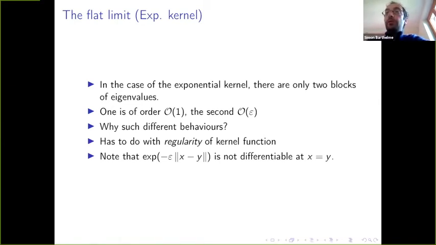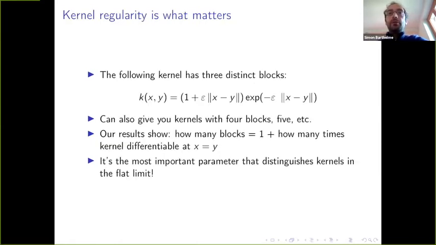And the behavior of the eigenvalues, okay, I'm going to skip this in the interest of time. But if you increase the order of your kernel function, so increase its regularity, you get a behavior that's in between these two, the exponential kernel and the squared exponential kernel. So you start seeing more blocks of eigenvalues.